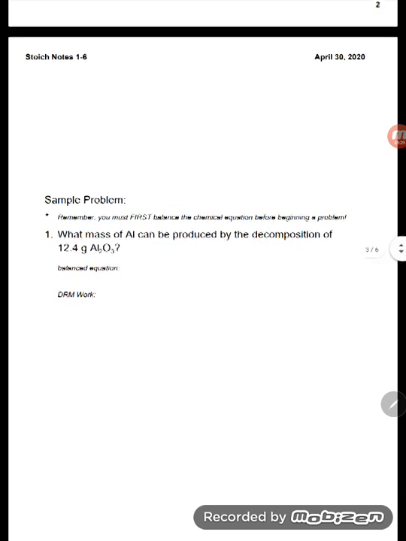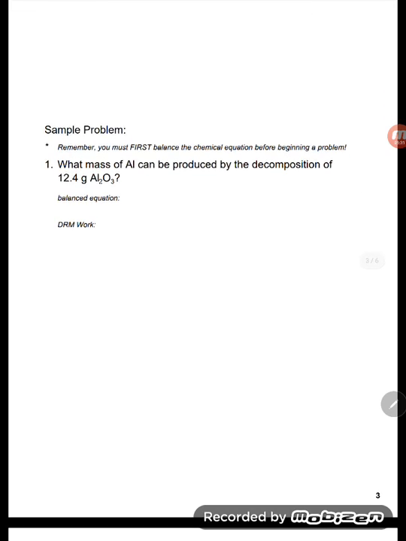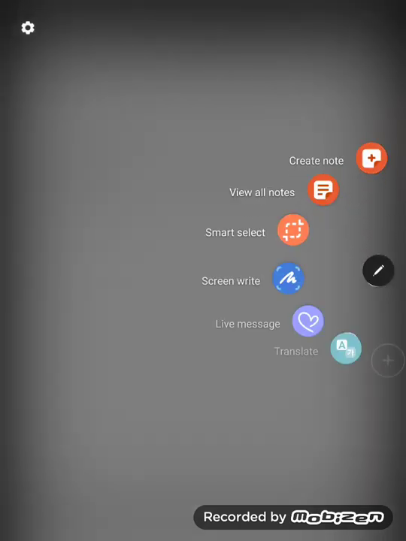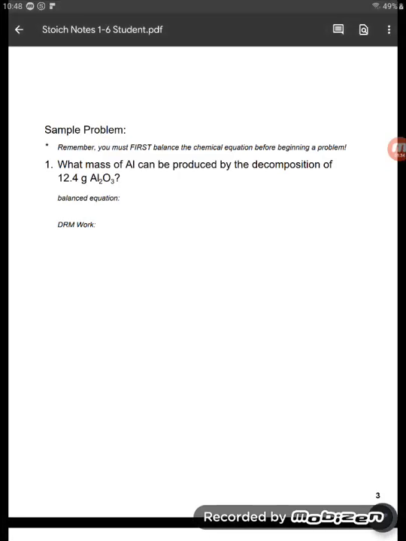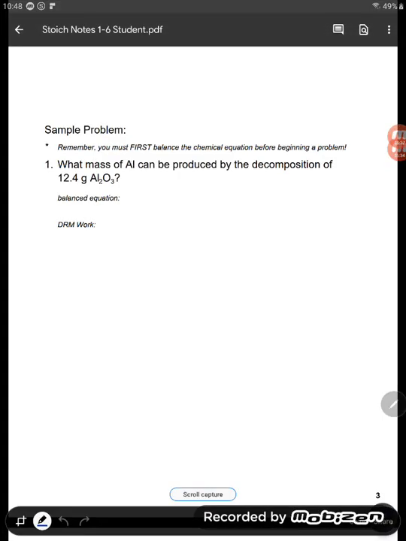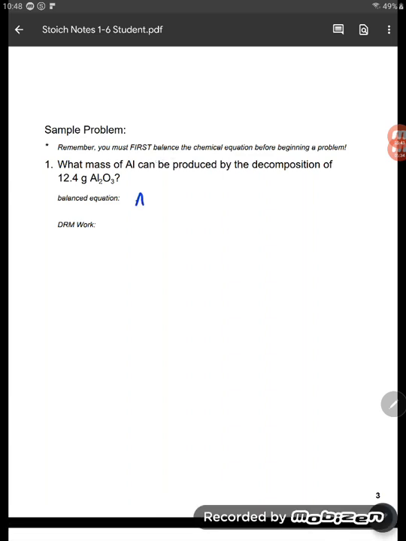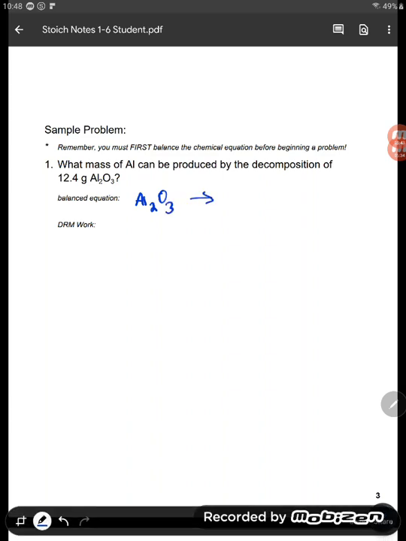So let's take a look at our first sample problem here. First thing always is to have a balanced chemical equation. So what mass of Al can be produced by the decomposition of Al2O3? Now, what you're probably really excited about is that we're going to be bringing in predicting products and balancing chemical equations.